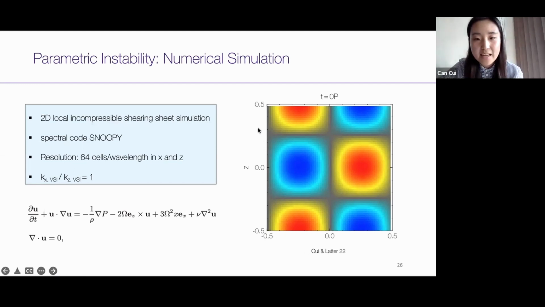The x and z domain has one wavelength of the VSI wave. Resolution is about 64 cells per wavelength in both directions. For simplicity, we just take Kx over Kz equals 1 in the simulation. And the equations we are solving are the equation of motion and the incompressibility condition.